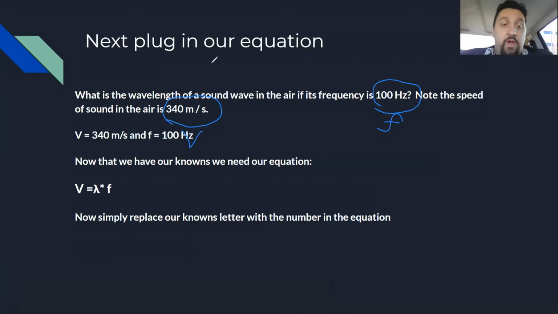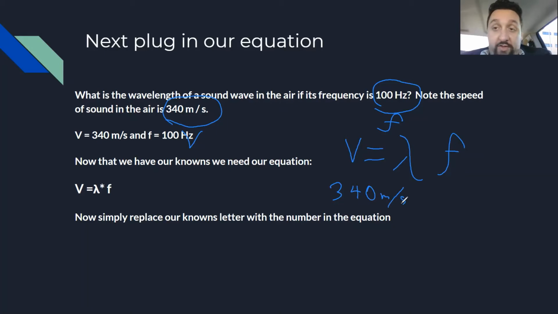Now, our equation is velocity is equal to wavelength times frequency. Second step is we're going to put in all of our knowns. So in the case of velocity, 340 meters per second is just V. In place of the V, I put the number, is equal to, we don't know wavelength, so I'm going to keep that lambda symbol right there.